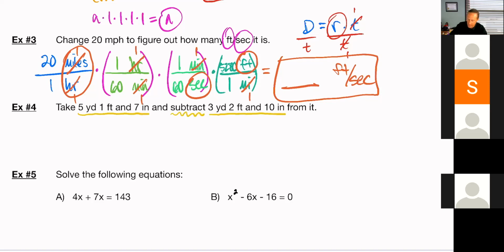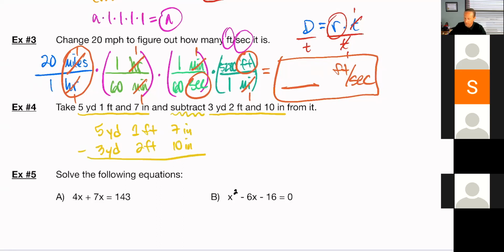So I'm going to stack it. I'm going to put 5 yards, 1 foot, and 7 inches, and I'm going to subtract from that the 3 yards, 2 feet, 10 inches.